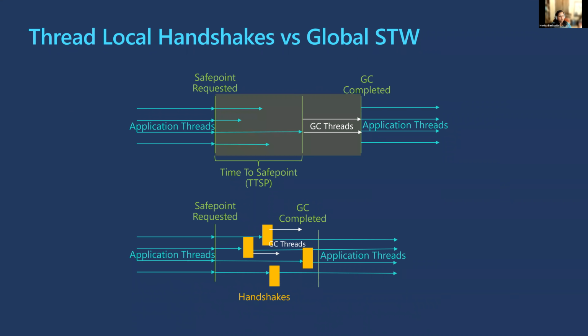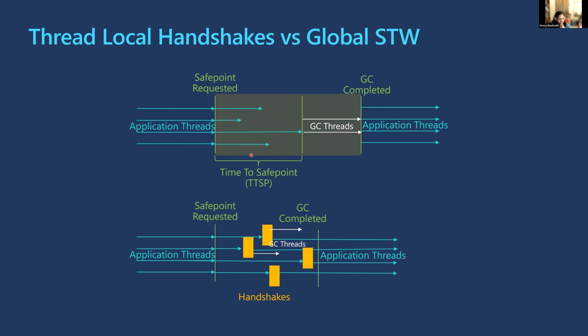So, a quick overview of what I mean by thread local handshakes. Usually, when a safepoint is requested, your application threads take their own sweet time to acknowledge that, because they're doing their work, right? So the last thread that comes to a halt is the one that gates the entire time to safepoint.